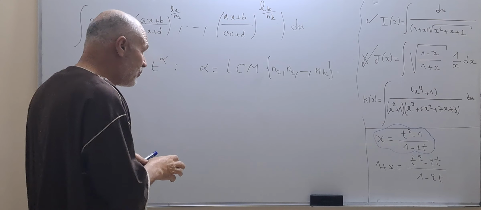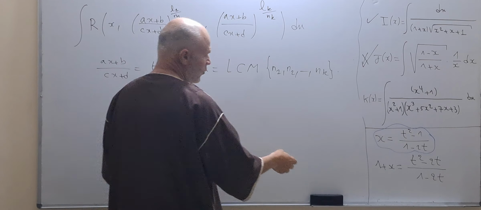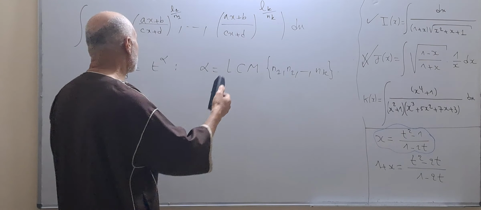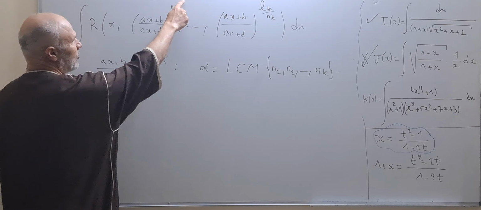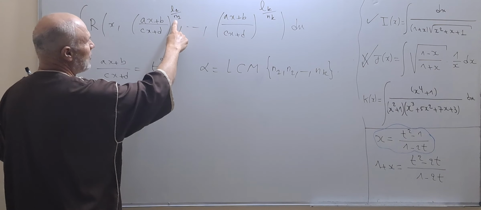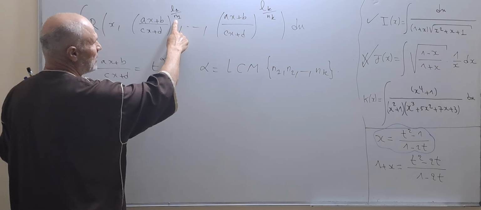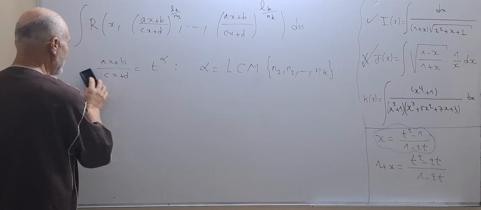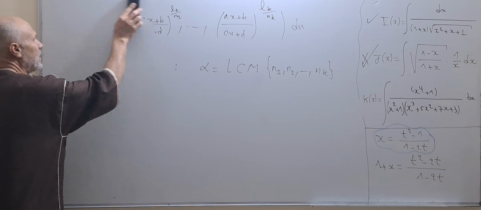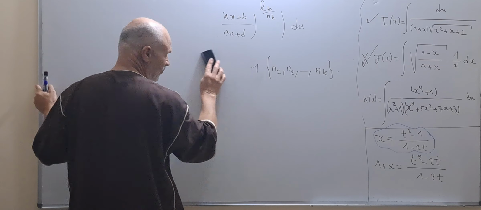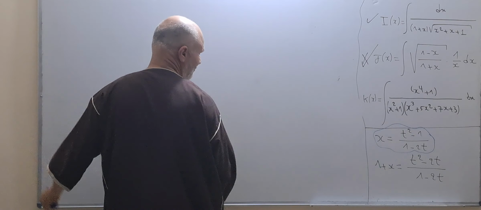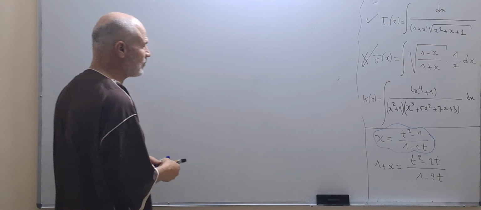In this example, we have just one square root, so l1 is equal to 1 and n1 is equal to 2. Just this one, so we have no more. This is very easy in this case. We have a light calculation to do.